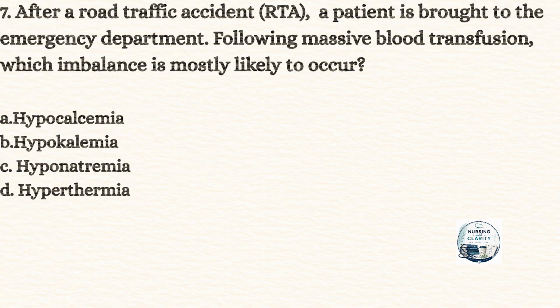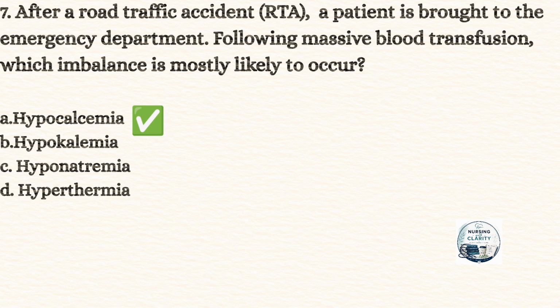Question number 7. After a road traffic accident, a patient is brought to the emergency department. Following massive blood transfusion, which electrolyte imbalance is most likely to occur? A. Hypocalcemia, B. Hypokalemia, C. Hyponatremia, D. Hyperthermia.